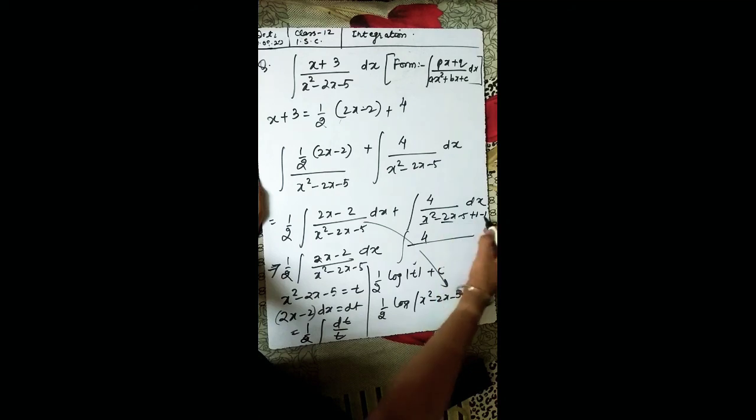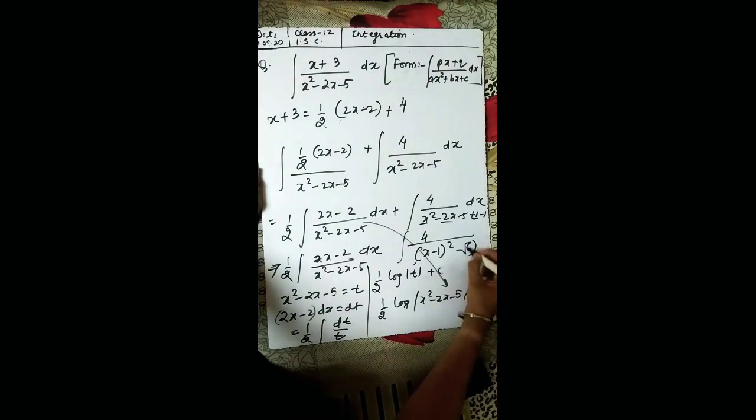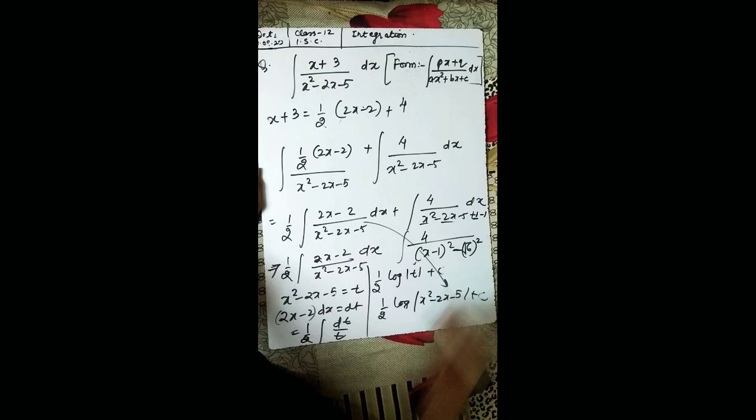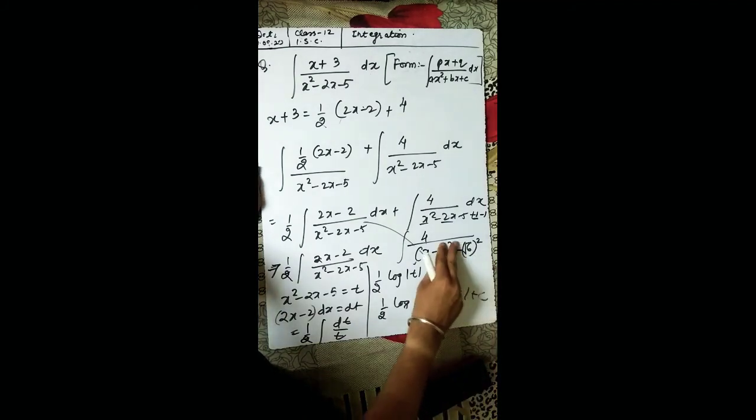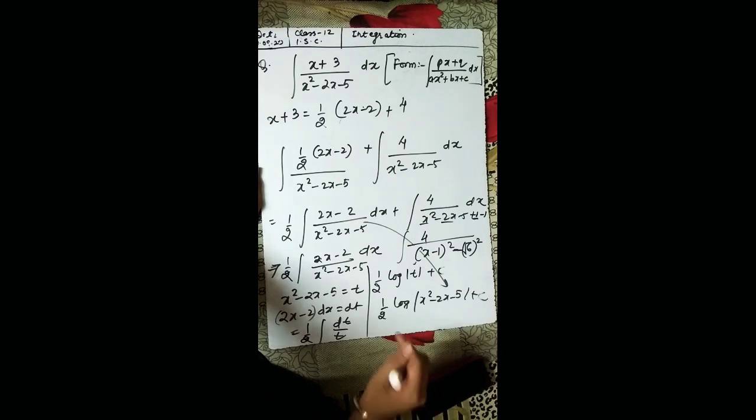So this and this plus, you will get x minus 1 the whole square, minus 1 minus 6, you will get minus of 6. So we can write minus of 6 under root, minus of 6 the whole square, just to fit it into our identity. Which identity will we use here? Integration of 1 upon x square minus a square dx, which is 1 upon 2a log of x minus a upon x plus a plus c.